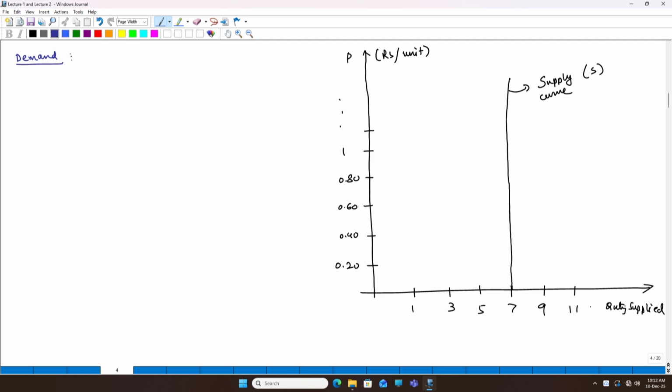Okay. So, demand will take us a little bit of work, it is not difficult, but we will do a few iterations to get a sense and get a feel of how to construct the demand curve.